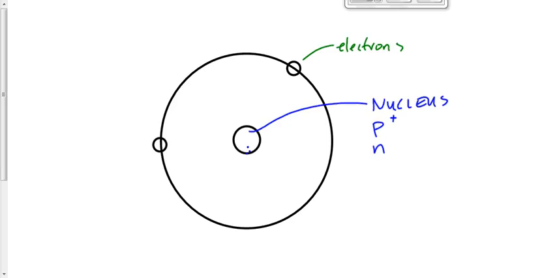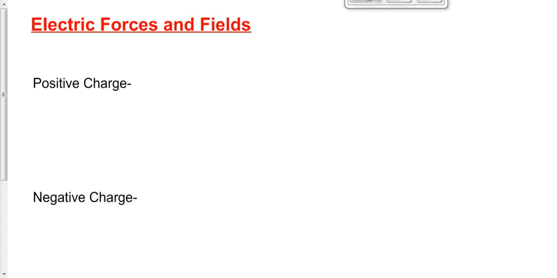And that's going to be because they're not as tightly bound to the nucleus. Even though they're attracted to it, they're not as tightly bound to the nucleus as the protons and the neutrons are. If something moves, it's this. Okay? That's why we call this unit electricity. Electricity, because electrons can move. Electrons will move provided enough energy.